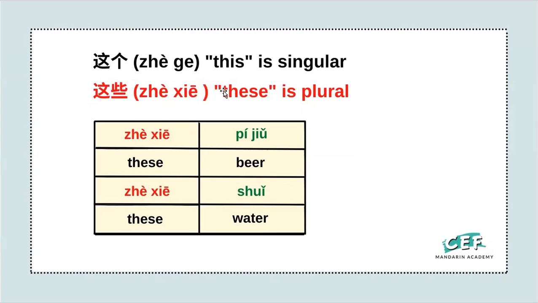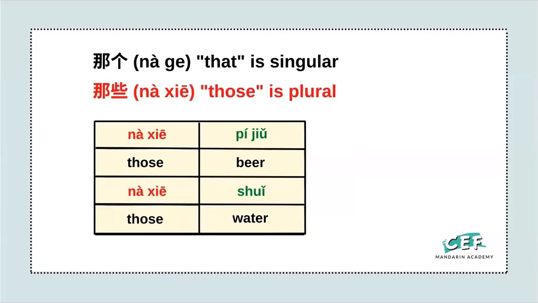I no need to use the measure word. 这些啤酒, these beers. It means more than one bottle of beer here. Okay, so 这些水, there's some water here, there's some beer here. So 这些, more than one.